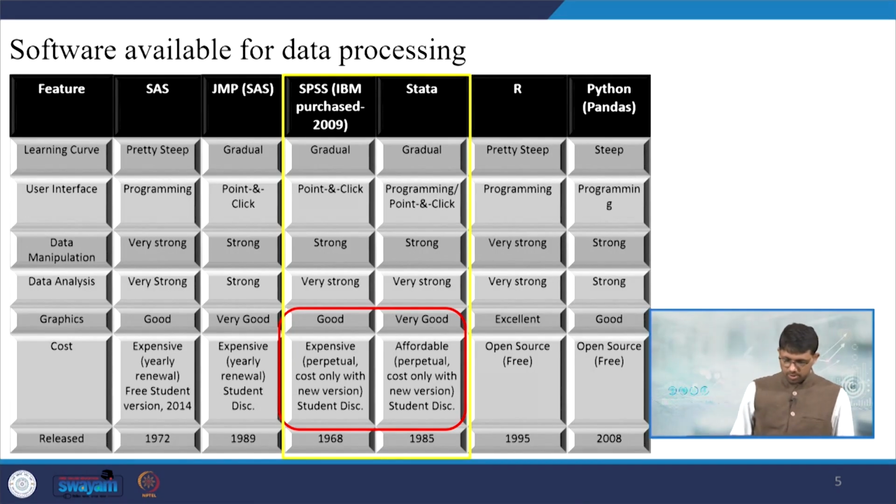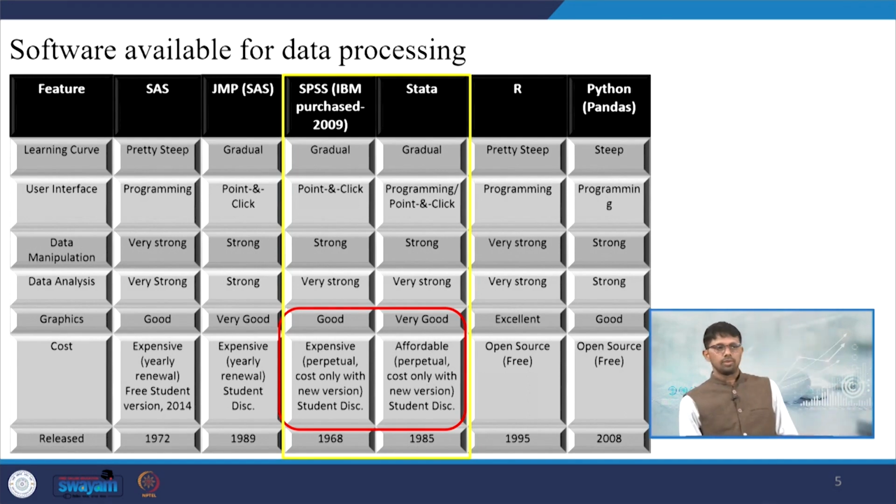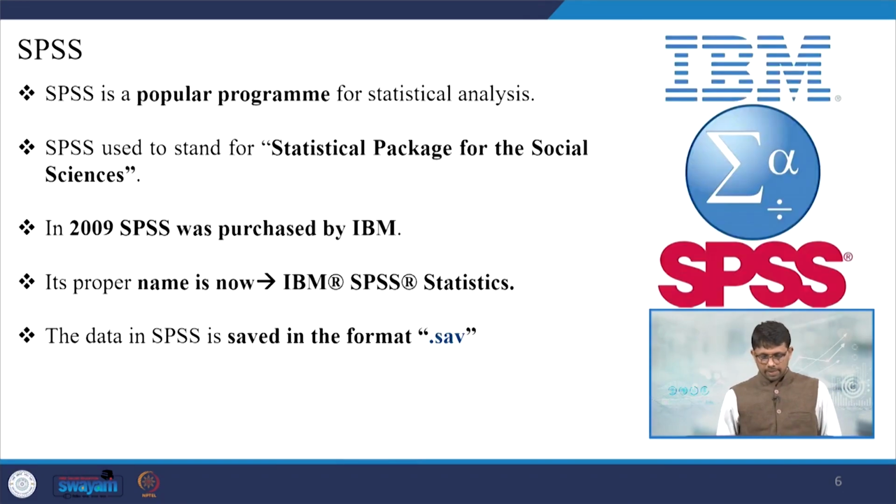These are considered good, and Stata is considered very good so far as graphics is concerned. Coming to the cost, SPSS is more expensive than Stata. However, even though these are paid versions, you can get a sample copy for 1 week by registration from the sources.